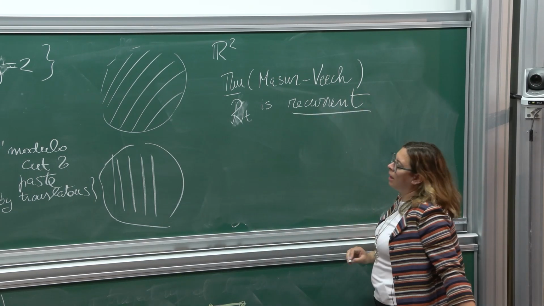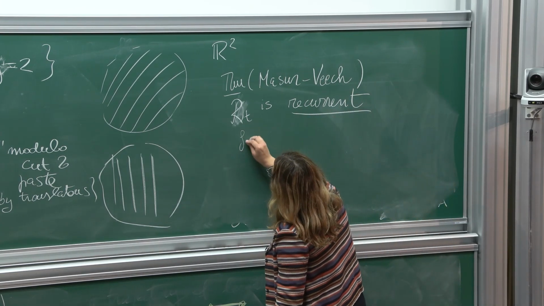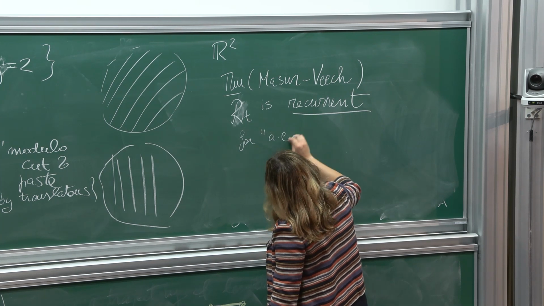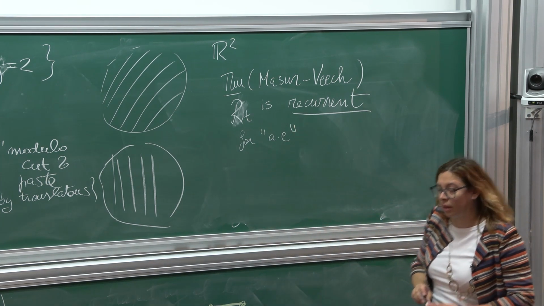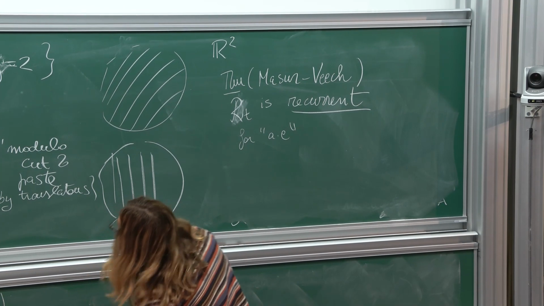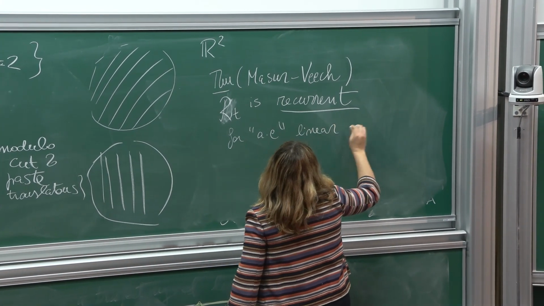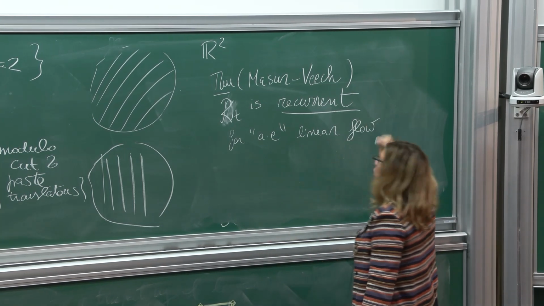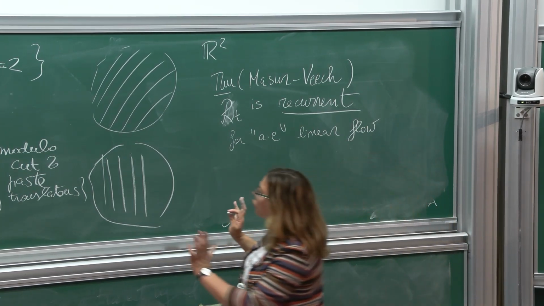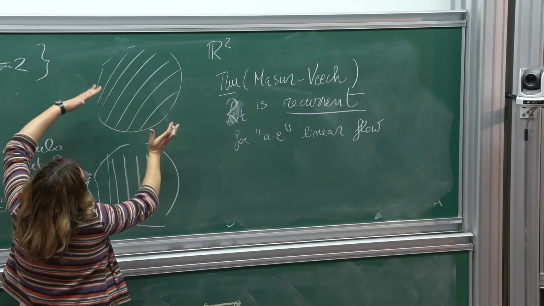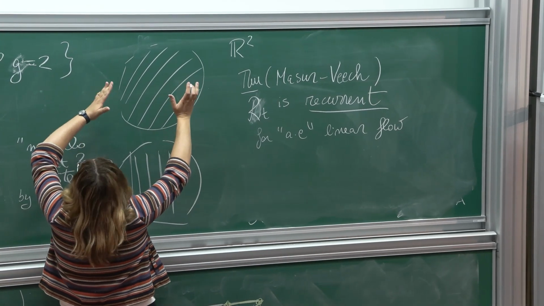And by this, I mean that, okay, I cannot tell you, I wish, but this should be a course in Teichmüller dynamics, but for almost every linear flow, and we should define a measure on them, but you can think that it is correct if you take almost every octagon.